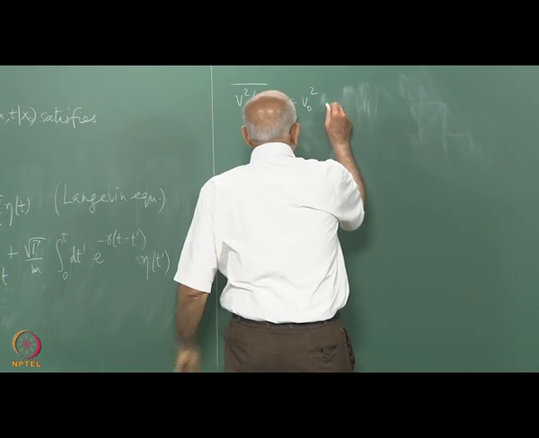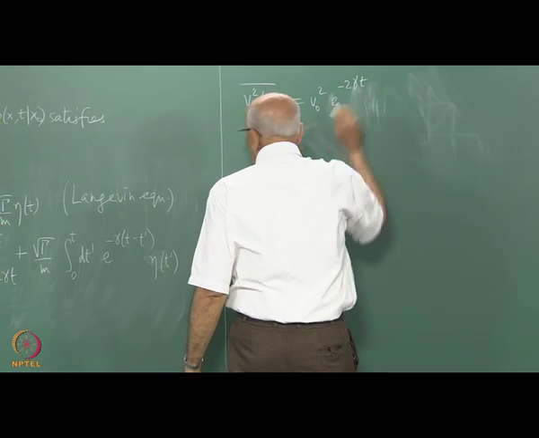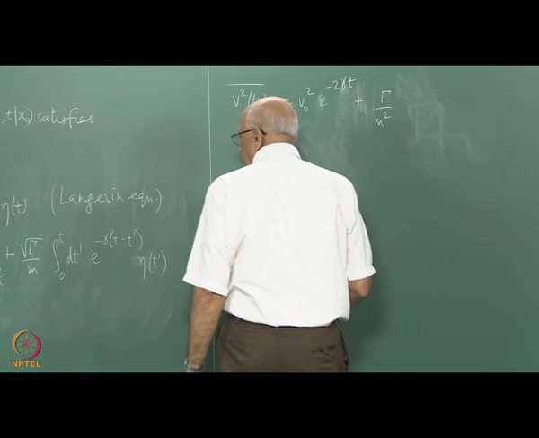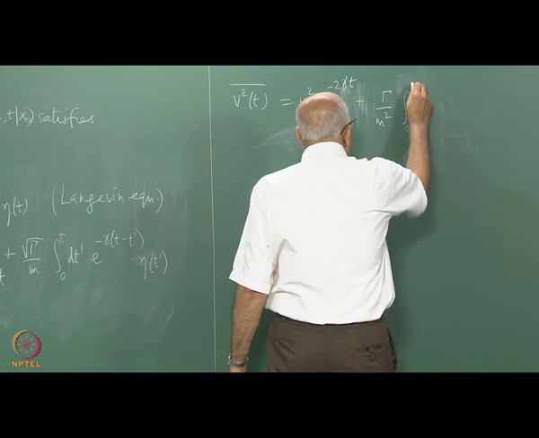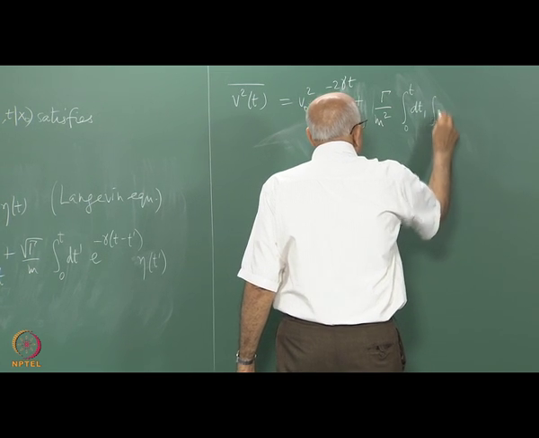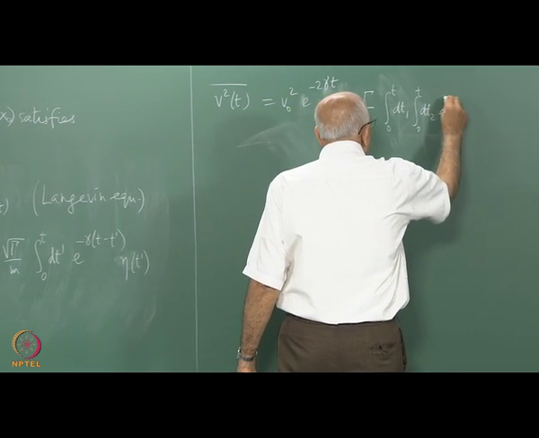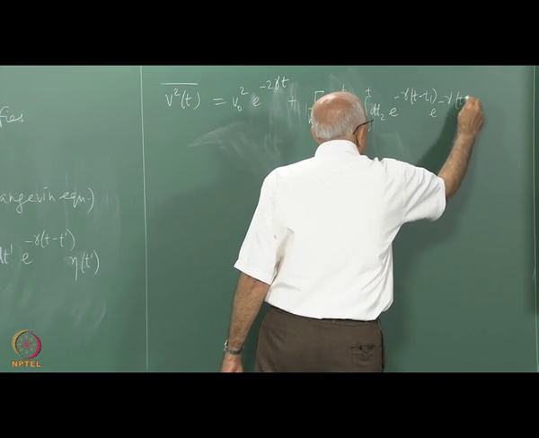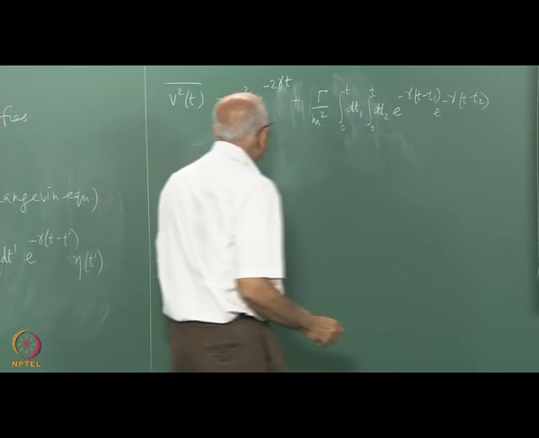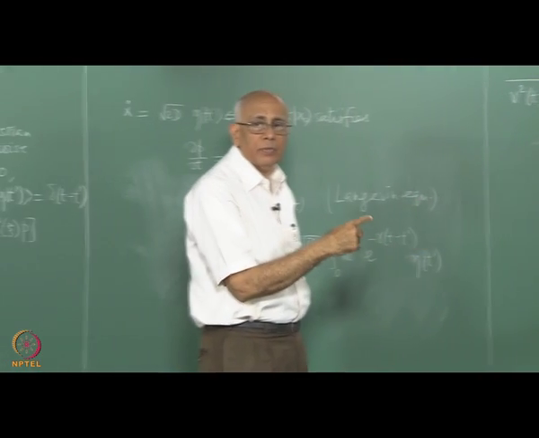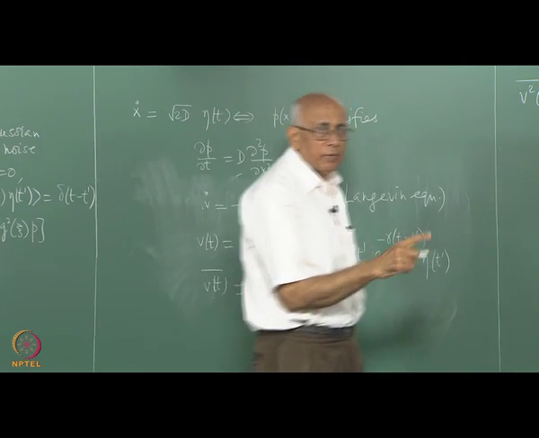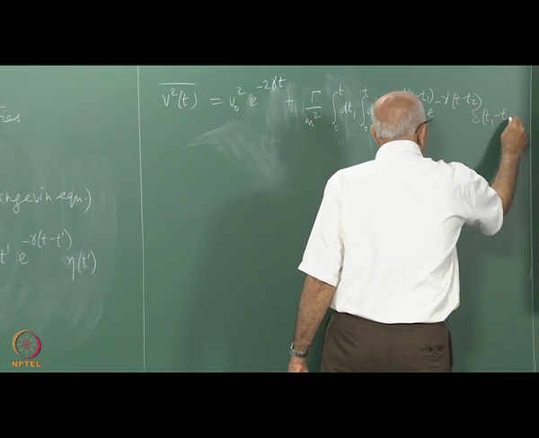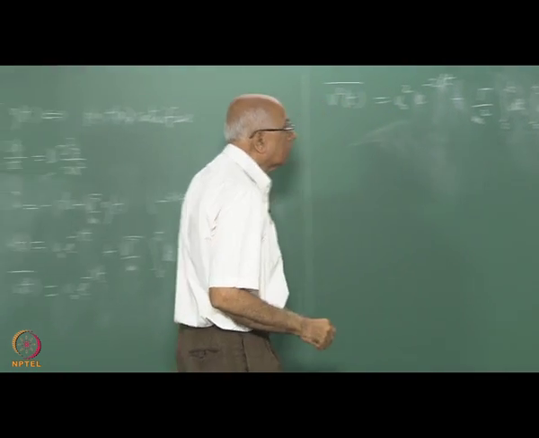So this is now V naught squared e to the minus twice gamma t, because that factor remains, plus gamma over m squared, once again integral 0 to t dt1, 0 to t dt2, e to the minus gamma (t minus t1), e to the minus gamma (t minus t2), and then an eta of t1, eta of t2, whose correlation average value is delta of t1 minus t2.